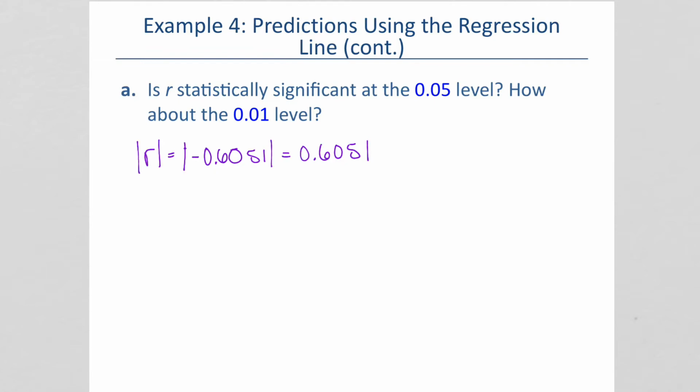So we look back at our table again. N is 12 again. And at the 0.05, we have 0.576. So 0.6051 is greater than 0.576. So we can say that this information is statistically significant.